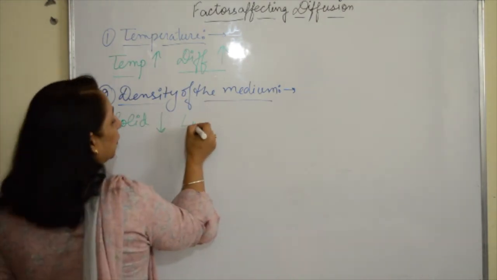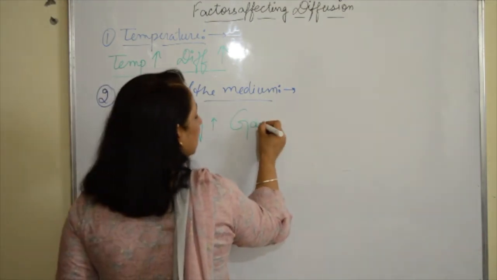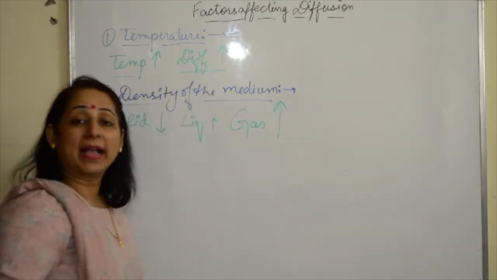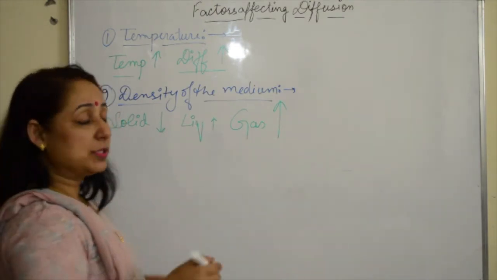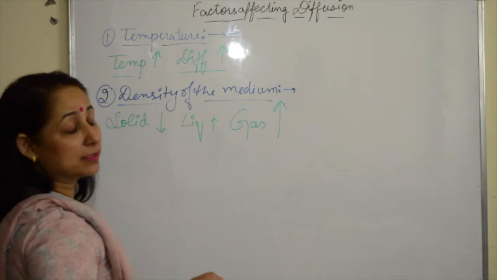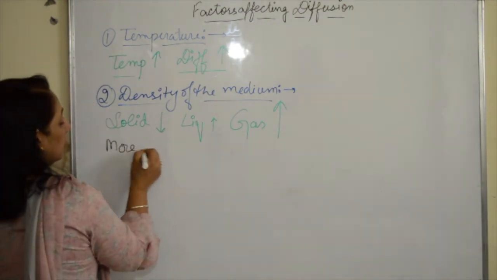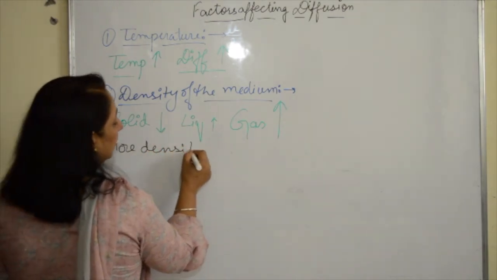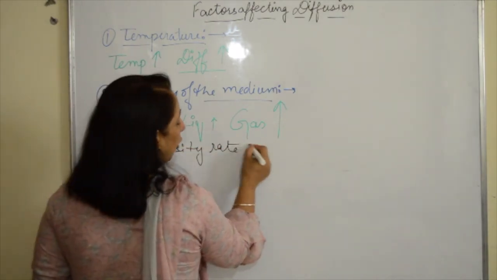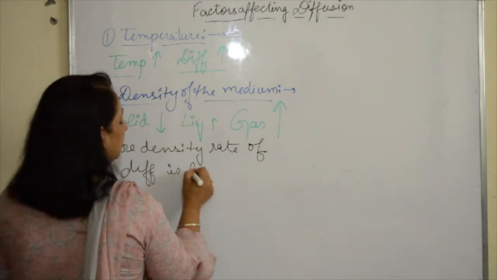If it's a liquid, diffusion rate is nominal. If it's a gas, diffusion rate is maximum. So what I am trying to say is that the rate of diffusion decreases with the density. So if more density, rate of diffusion is less.